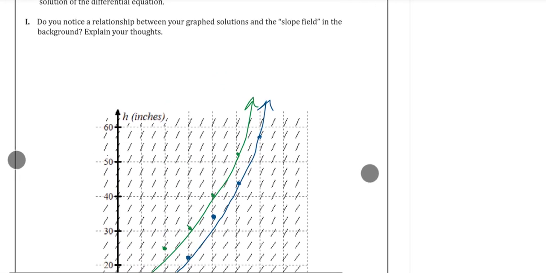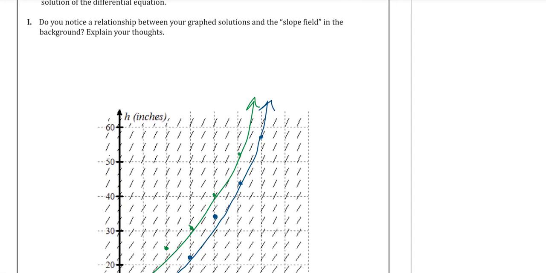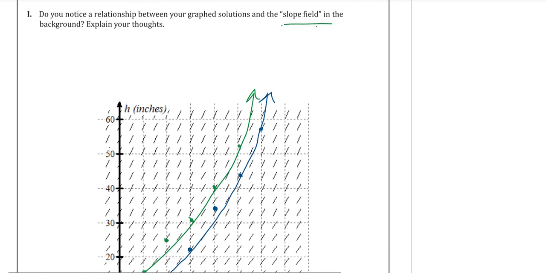Okay, do you notice a relationship between your graph solution, and this is going to be our introduction to a slope field, in the background? Explain your thoughts. What you're going to notice is all those little lines, this is what a slope field looks like. It's going to represent all the particular solutions for a given differential equation.